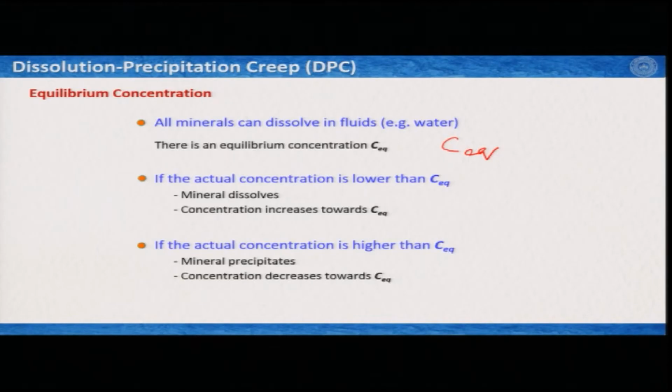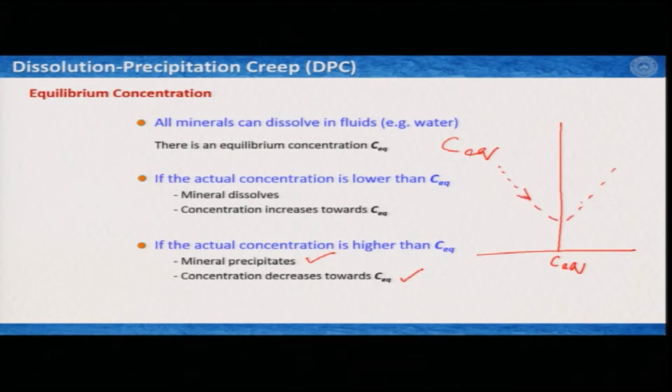Otherwise, if the actual concentration is higher than the equilibrium concentration, then the minerals would precipitate and the concentration would decrease towards the equilibrium concentration. So, if I have this line as CEQ, then no matter where I am, it would always approach the equilibrium concentration.